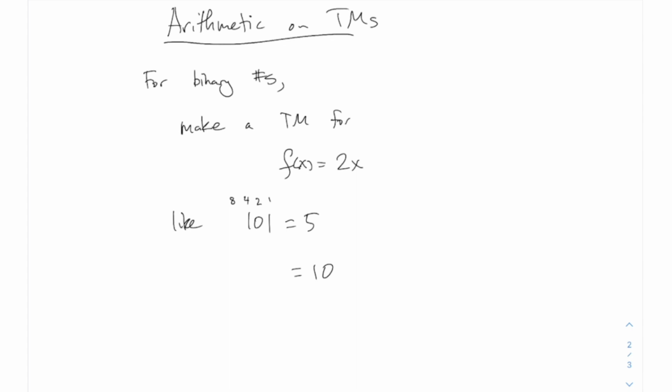You have to think about how can I make 10 by adding together 8s, 4s, 2s, and 1s? 8 and 2. Yeah, 10 would be an 8 and a 2. So as a binary number, it would look like this. That means an 8 and a 2 is 10 in decimal. So over here, these are decimal, base 10. These are binary. I know it looks weird when I write 101 equals 5.